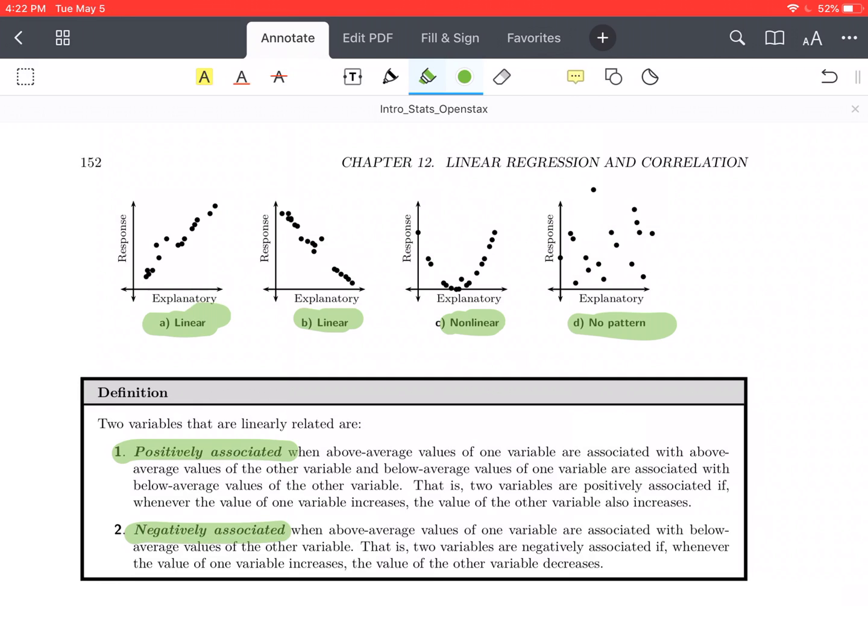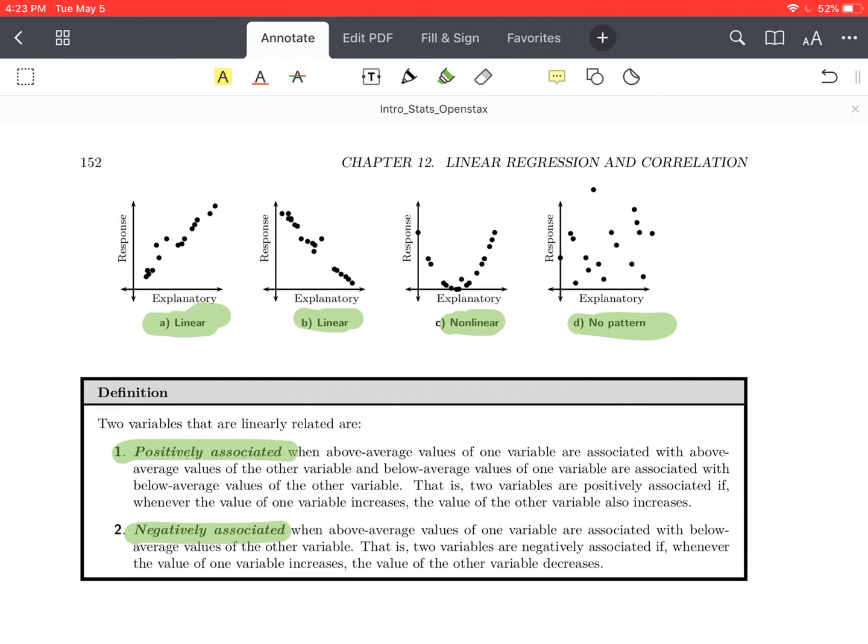Whereas with negatively associated linear relationships, high values of one result in low values of the other. This is also what we call an inverse relationship. So as this variable is really low, this one is really high, and as this one goes really high, this one becomes really low. Those are the different types of linear relationships we can have, positively associated and negatively associated.